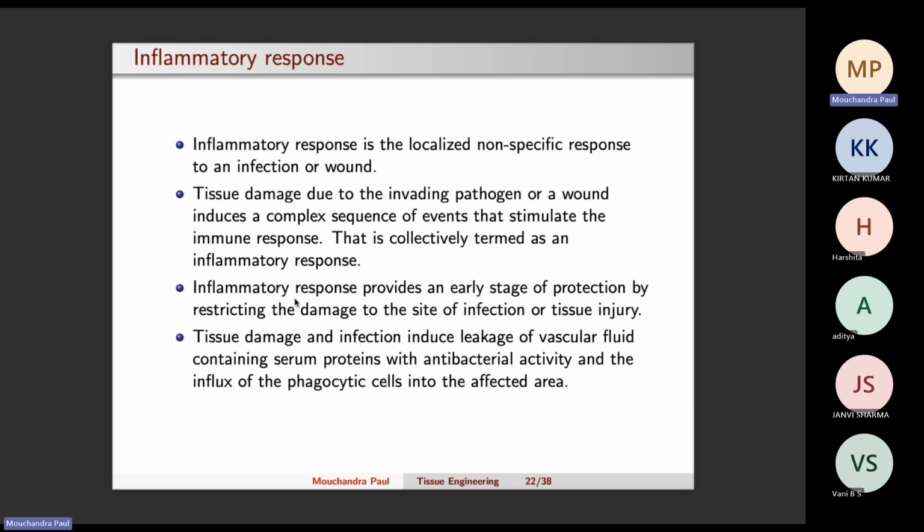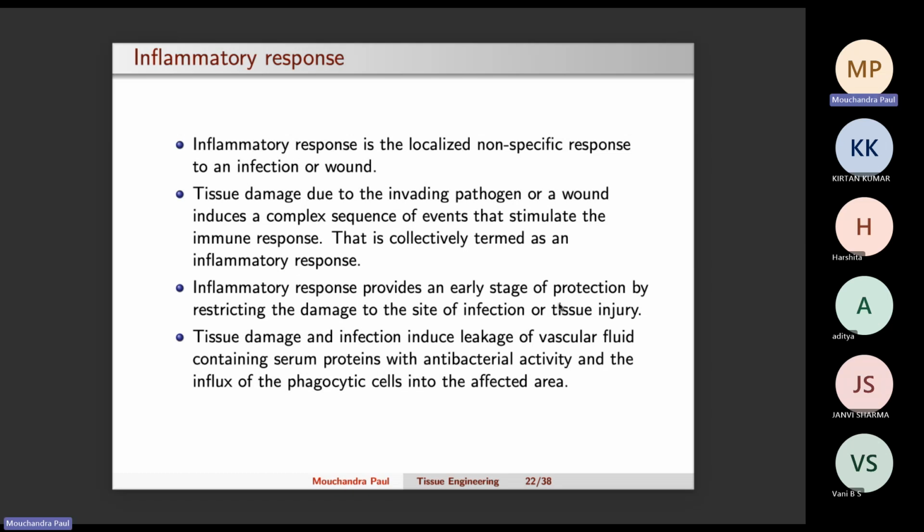Why does it happen? Why is it important, why does our immune system give this inflammatory response? It gives it because it tries to protect our healthy tissues from that damage.